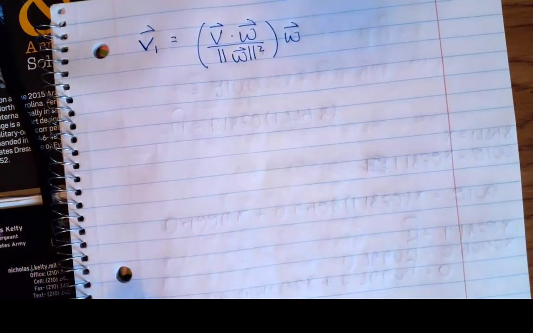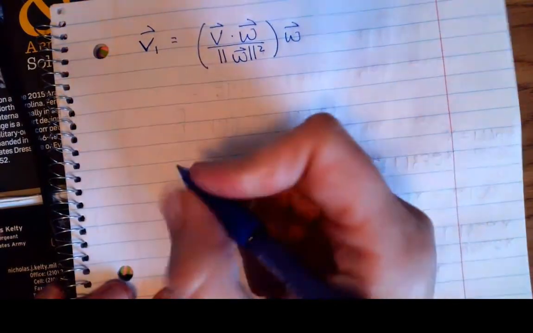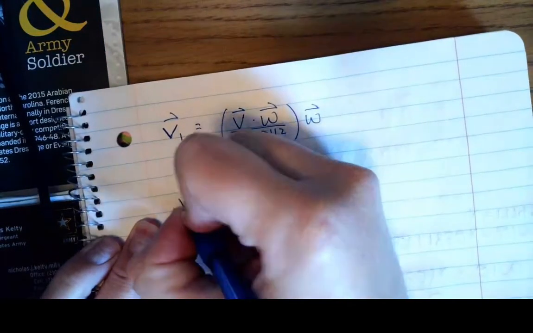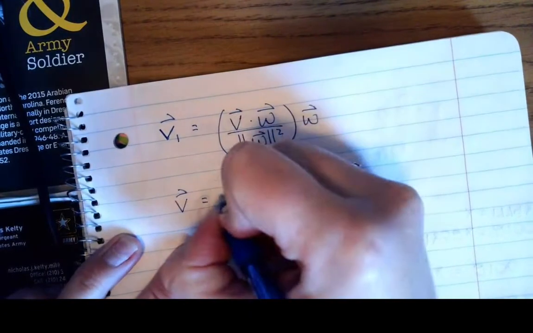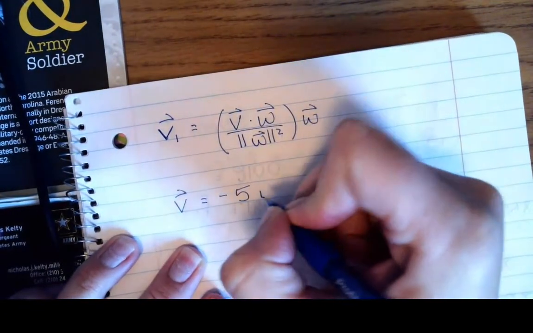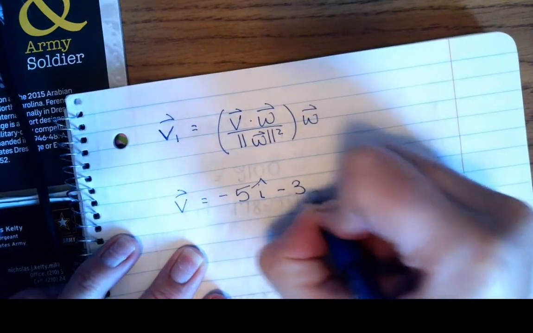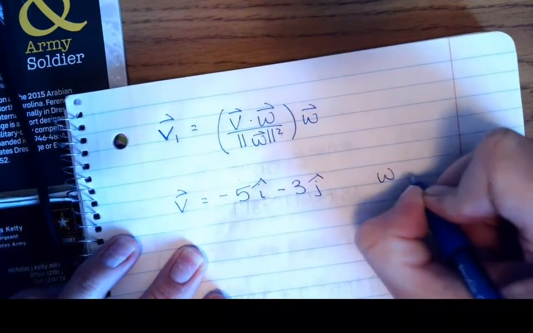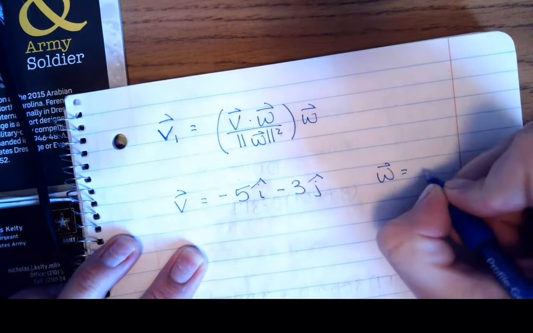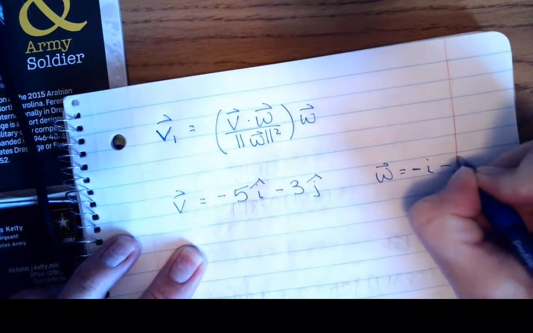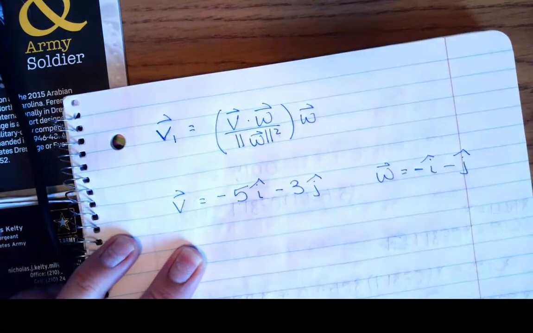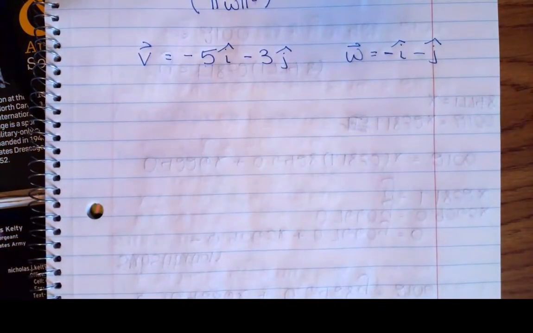Now, utilizing that, I've got vector V, which is negative 5i minus 3j, and then I've got vector W, and that is going to be negative i minus j. Remember that there are ones in front of there. And I want to do the vector decomposition.